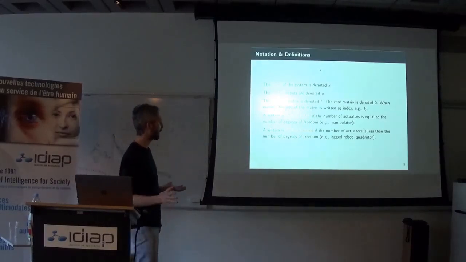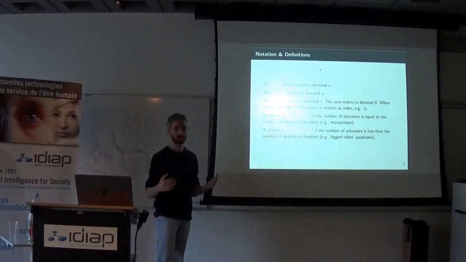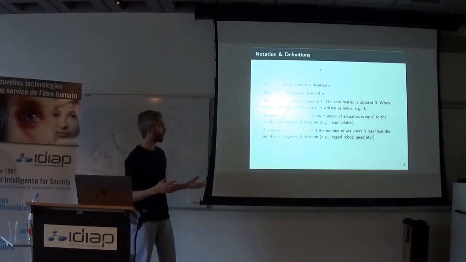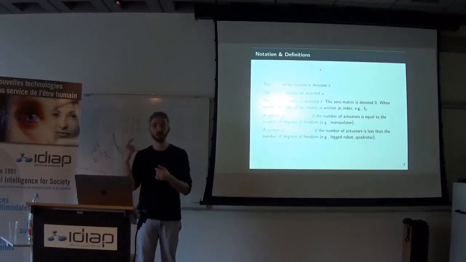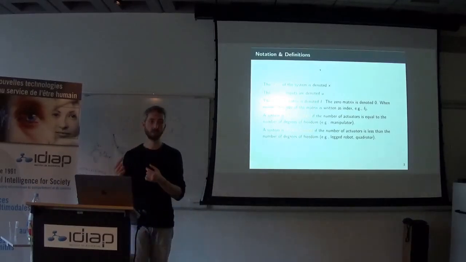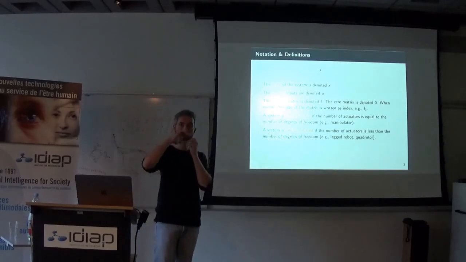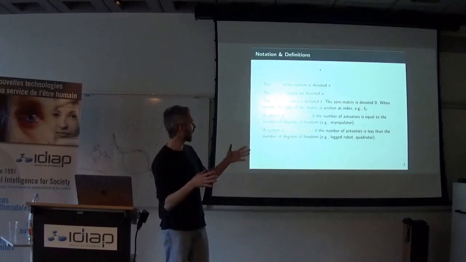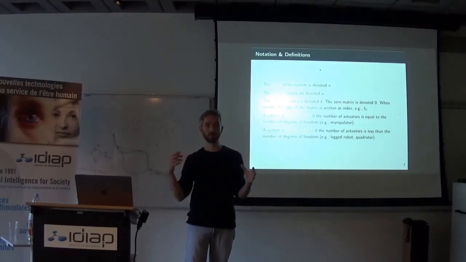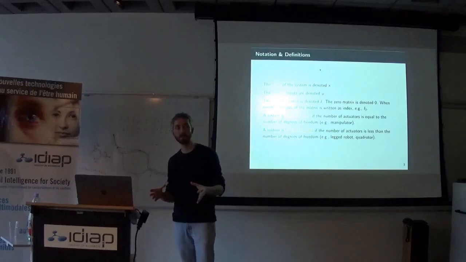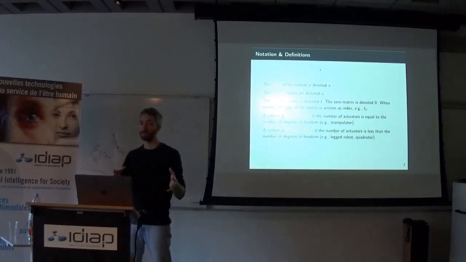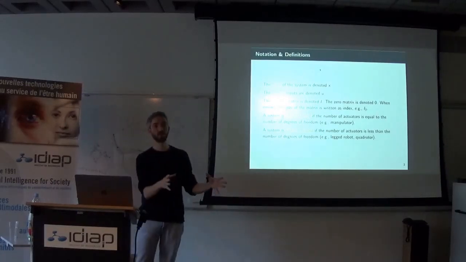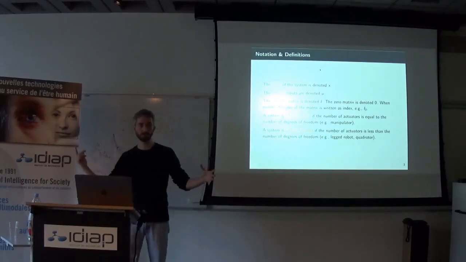That is not the case for a legged robot, like a biped or a quadruped, because the number of degrees of freedom is more than the number of actuators. The reason, as Nicolas was explaining to you yesterday, is that for representing a legged robot, you have to introduce 6 extra degrees of freedom representing the position of its base, the so-called floating base or free flyer, that represents its displacement with respect to an inertial frame.